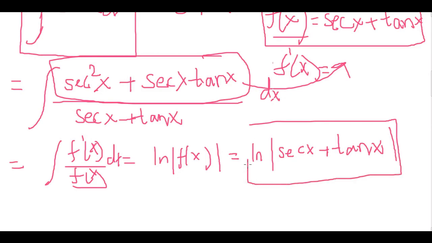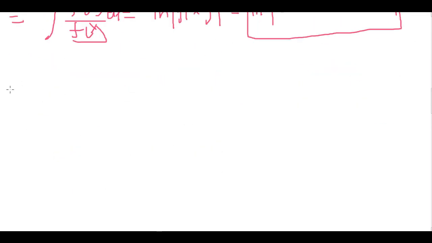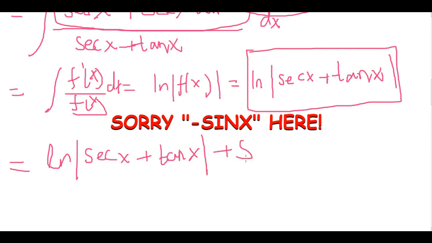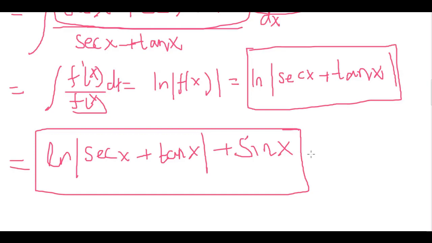So we got this. Our original integral, the integral of sine square x by cos x, we write that. Now we have ln of secant x plus tan x, minus sin x. And don't forget the plus c there.